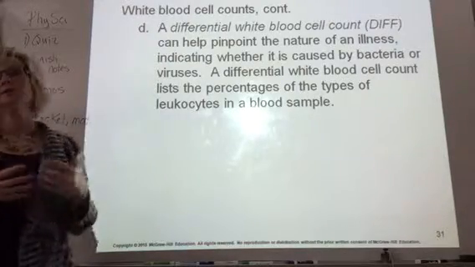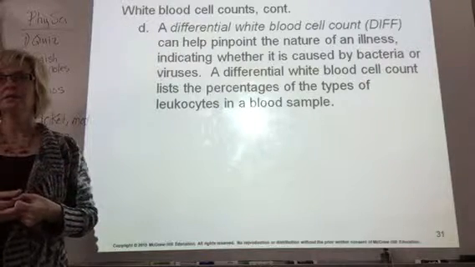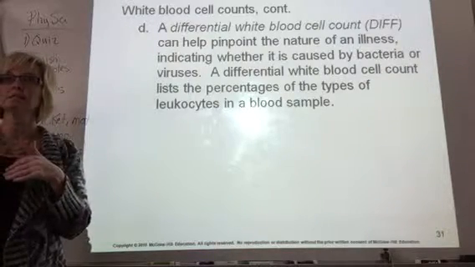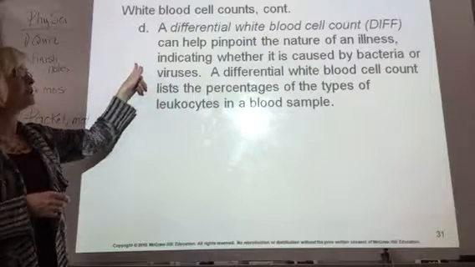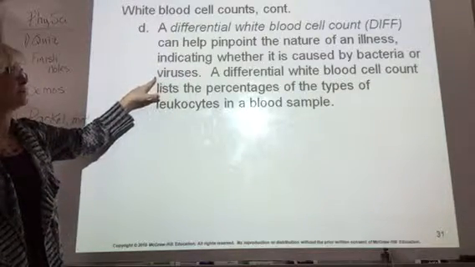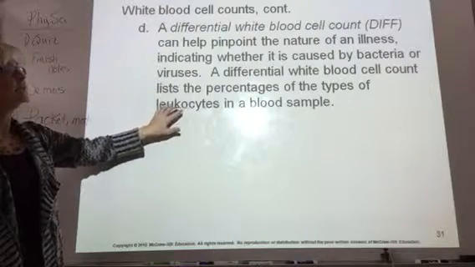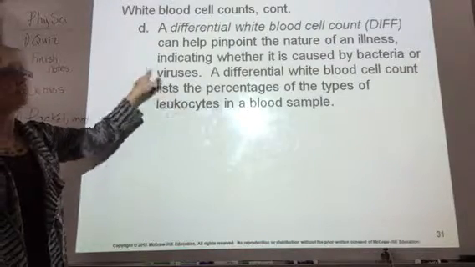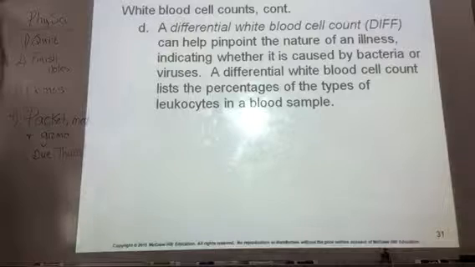Where a normal white blood cell count will just say your white blood cells are up, a differential is going to pinpoint and tell each specific white blood cell. And then you can look a little closer and see, maybe they are having an allergic reaction. Maybe there is some type of mutation where they are not producing the lymphocytes that they need.